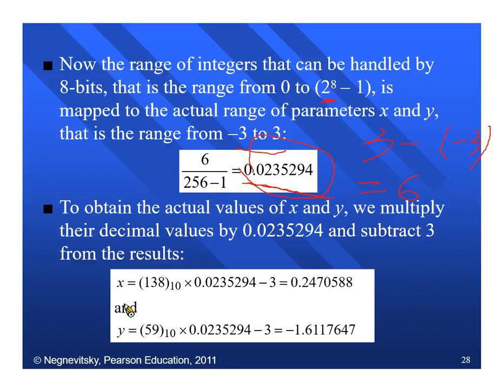So if we want to find the x value, we can multiply this one by this one, which is found from here. The same for the y value.